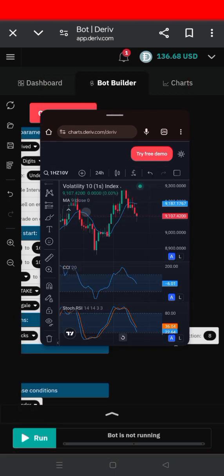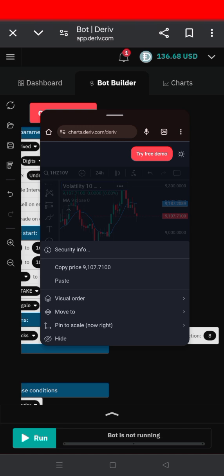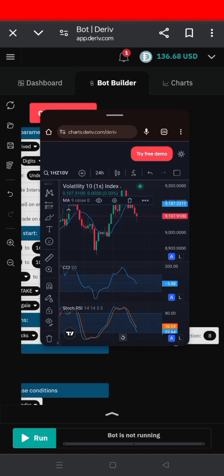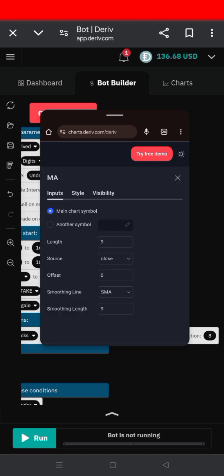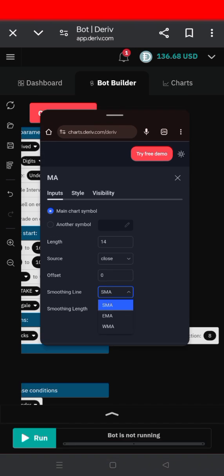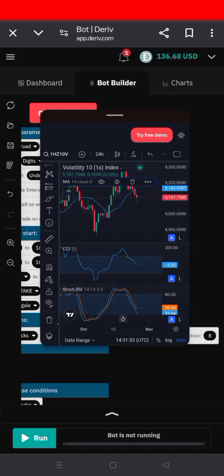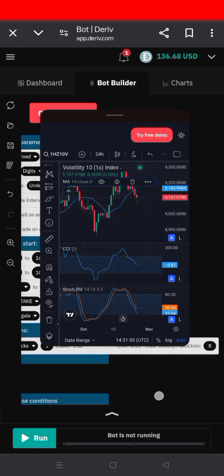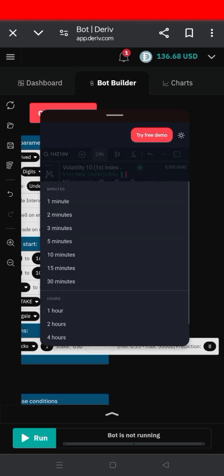Next, you use the moving average, specifically the settings of length 14, and the smooth length still 14, and then for the smoothing line, change that to exponential moving average. After you are done, you click OK, and now you can set your bot as indicated.